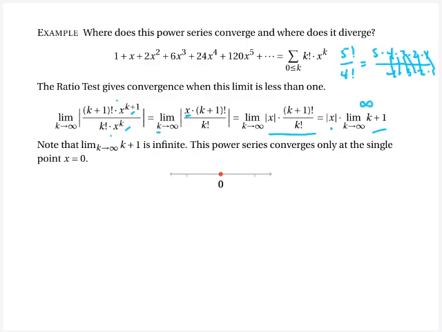So I'm now asking for which x's is it the case that absolute value of x times infinity is less than 1? And the answer is x equals 5 doesn't work. X equals minus 3 doesn't work, the absolute value of minus 3 times infinity does not give you something less than 1.